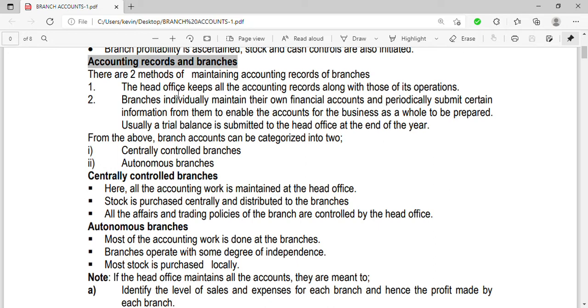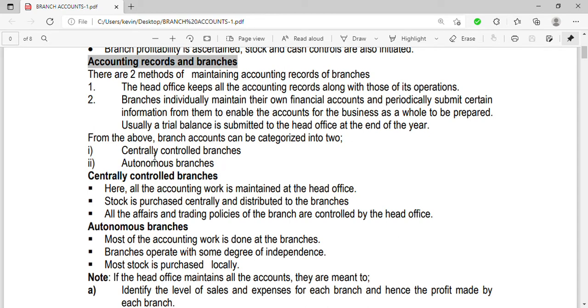So the first method, the head office keeps all the accounting records. Then the second method, the branches individually maintain their own financial accounts. And usually a trial balance is submitted to the head office at the end of the year when the branches maintain their own financial accounts. So from the above, branch accounts can be categorized into two, and that is centrally controlled branches and then autonomous branches.